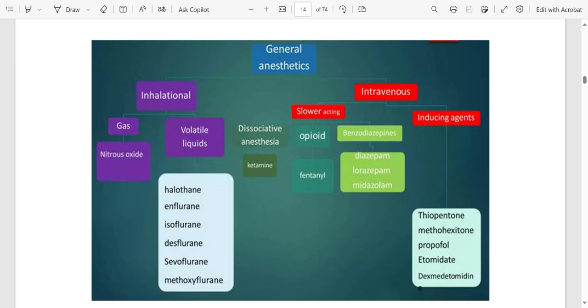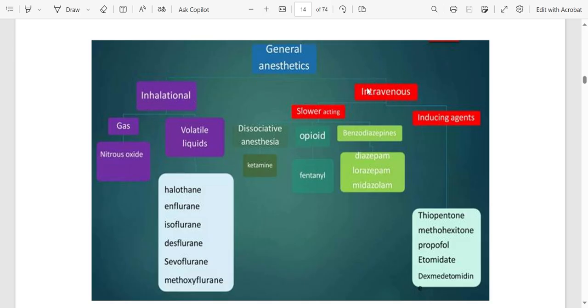Once you leave it open, it's going to convert to gas. So examples of inhalational liquids, you have got halothane, enflurane, isoflurane, desflurane, sevoflurane, methoxyflurane. You can see they basically end in flurane except halothane. All right, so these are the inhalation ones.